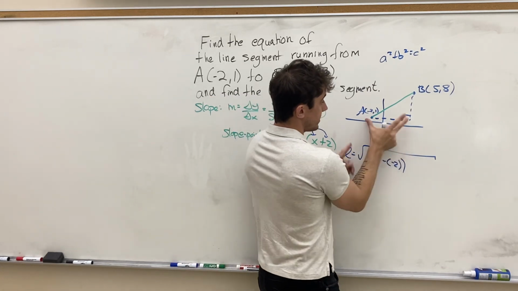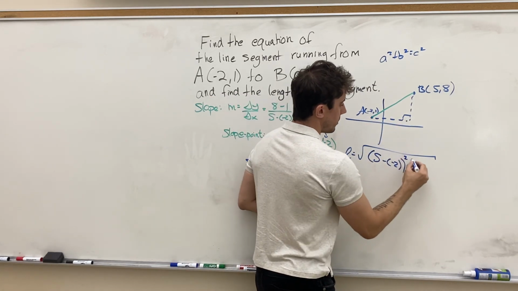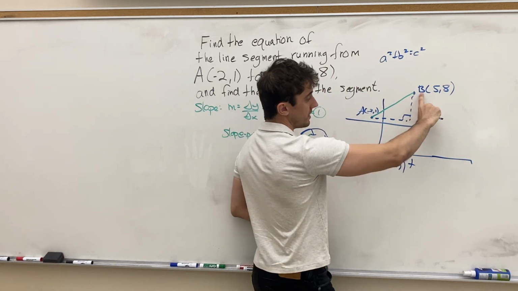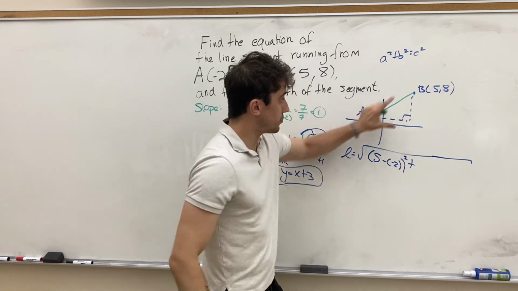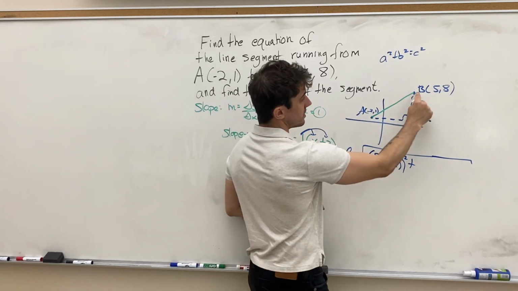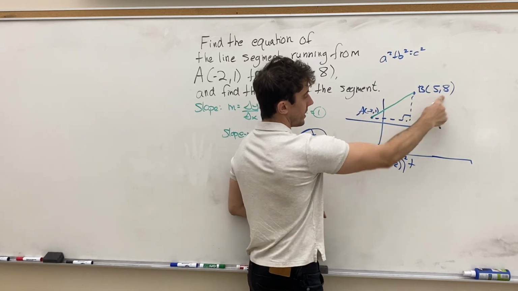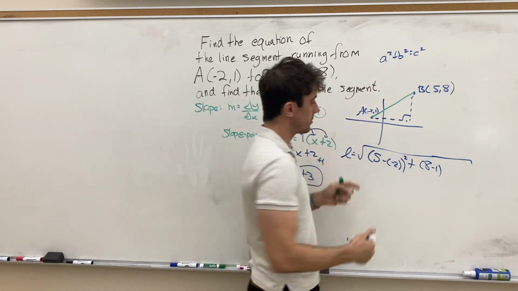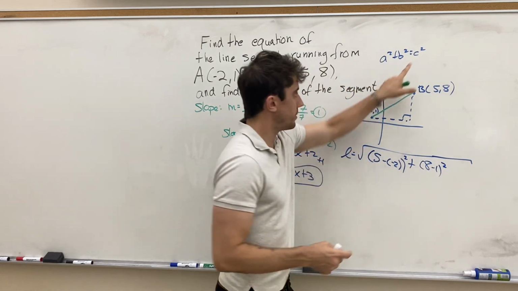And so we need this length squared plus b squared, where b is the vertical side length, which would be the difference in their y coordinates. This y coordinate minus this y coordinate, so that'll be 8 minus 1. And again, we want b squared, so we have to square all that, and that would be equal to c squared.